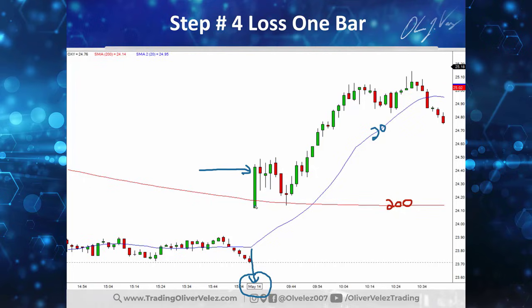Look at the surge off the area of the 200 period moving average. All right. So this is one of the things they're taught to look for. Surges off the 200, surges off the 20. We've got 2 moving averages, and surges off of them are very interesting plays.